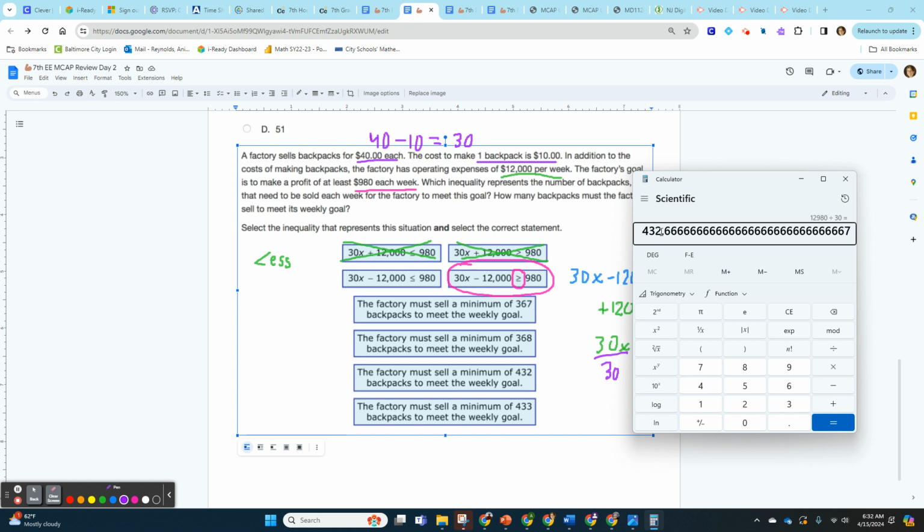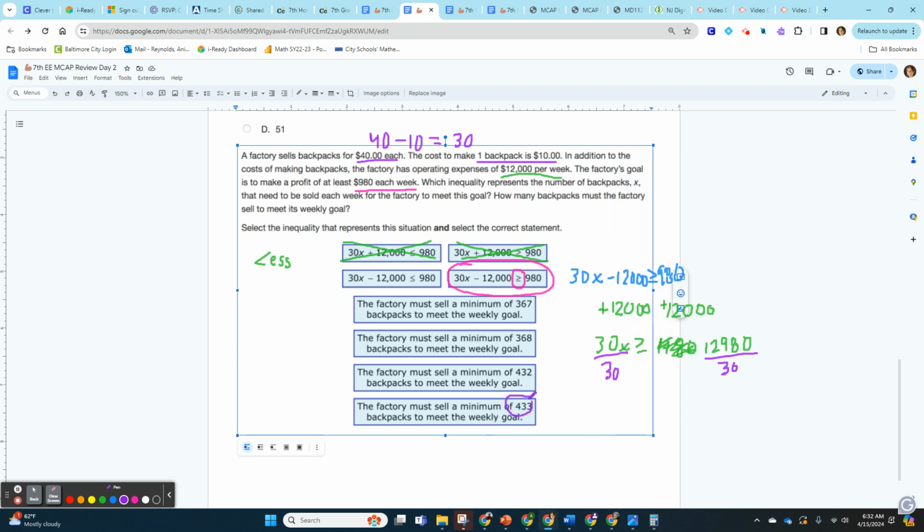So no matter what the decimal was, I would need to round up so that I had enough profit for it to be greater. So now I have my two answers. Because x is greater than 432.6 repeating, which I want to round up to make sure I have enough money.